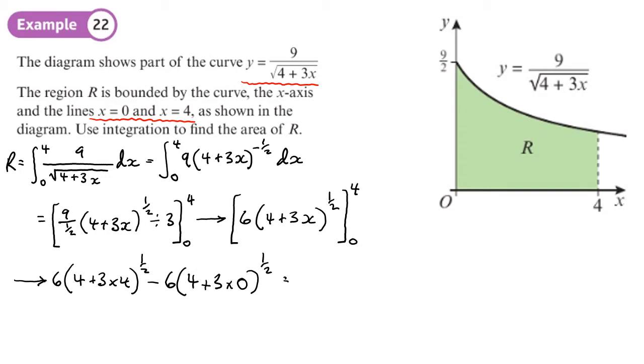So let's work that out and see what we get. 6 bracket 4 plus 3 times 4, and that to the power of a half, so 1, 2, and we're going to subtract from that 6 bracket 4 plus 3 times 0, which I know is 0 anyway. Should have just been 4 in the bracket, to the power a half again, 1/2, and that gives me an exact value of 12. That's nice.